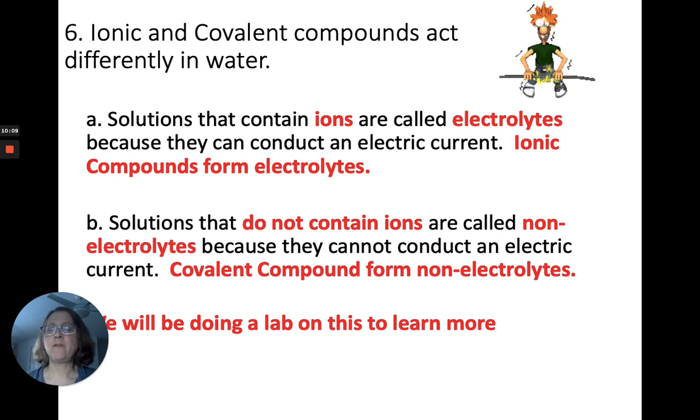Ionic compounds form electrolytes when they are put in water. Solutions that do not contain ions are called non-electrolytes because they cannot conduct an electric current. Covalent compounds form non-electrolytes. So sugar water, as we're going to see in an upcoming lab, is a very poor conductor of electricity. Very little is conducted because there are no charged ions.